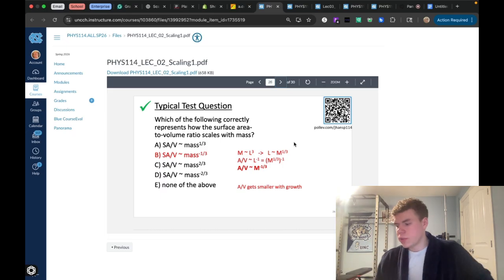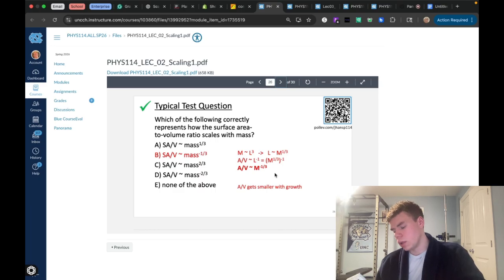So, for example, if you have 10 to the 1/3 power multiplied to the -1, you get 0.46.